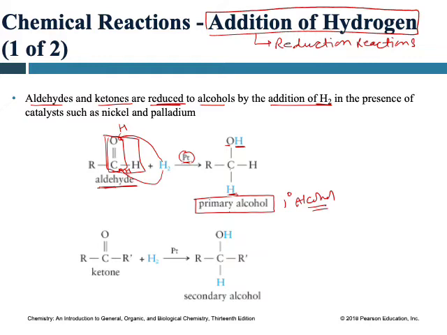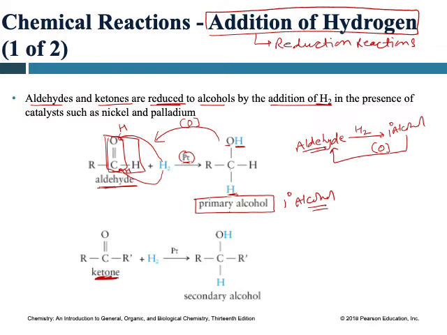But how are you gonna get aldehyde? If you oxidize it, right? So this is a back and forth reaction. Aldehyde, if you reduce it in the presence of hydrogen, you get primary alcohol. If you oxidize primary alcohol, you're gonna get aldehyde. So this is a back and forth. Similarly for ketone, if you remember, you always get ketone when you oxidize a secondary alcohol.